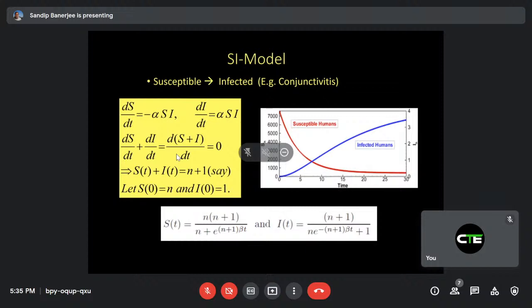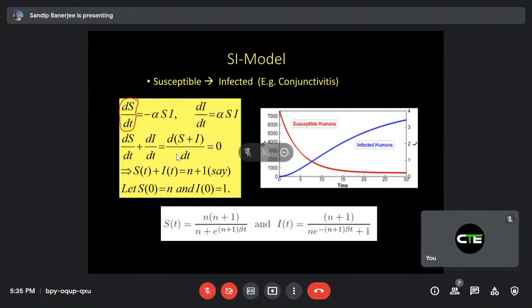If you are not familiar with differential equations, on this side you just take it as the rate of change. S is the susceptible population and I is the infected population. You can take conjunctivitis or common flu. Susceptible means the one who can get the disease, and the infected one is obviously the one who has the disease.